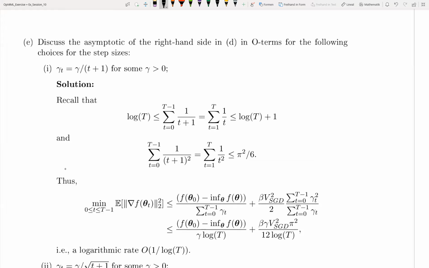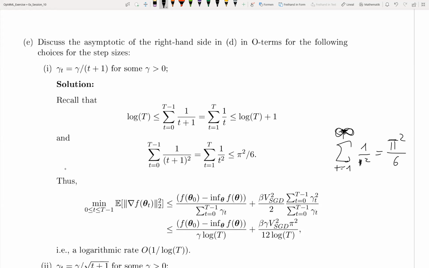If you would go with the iteration number t to infinity, then it's known that if we are summing up over infinity the 1 over t squared, then this value is exactly pi squared over 6.